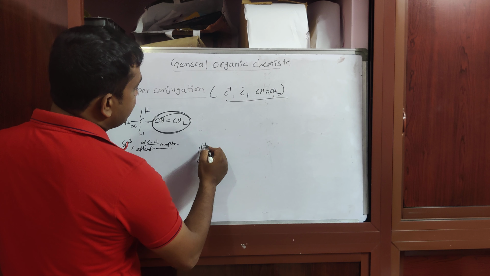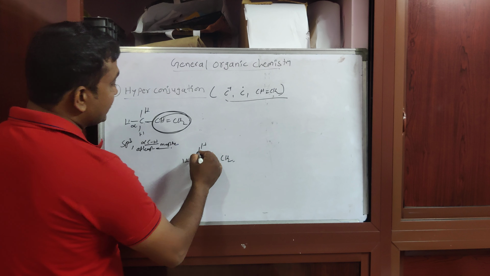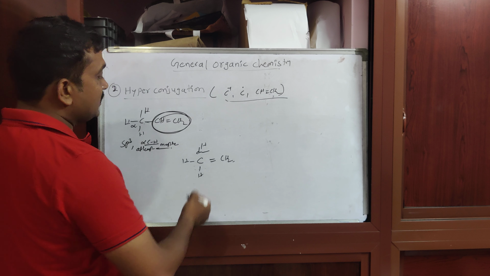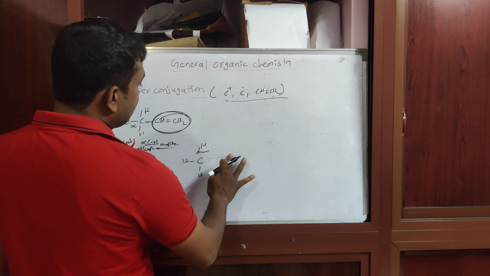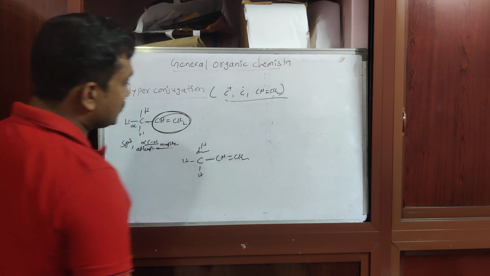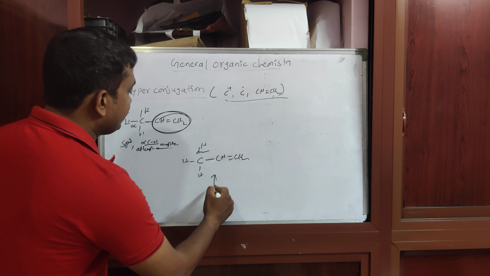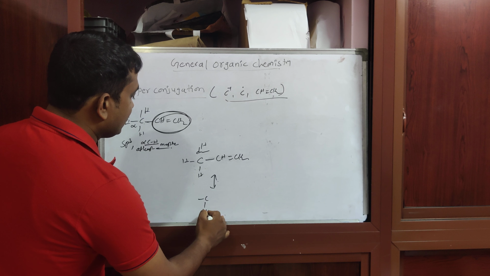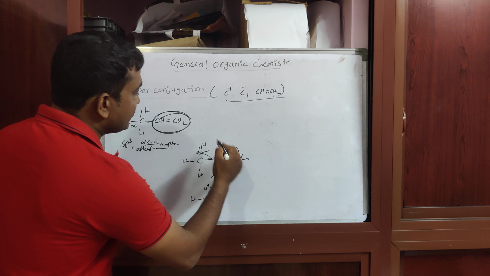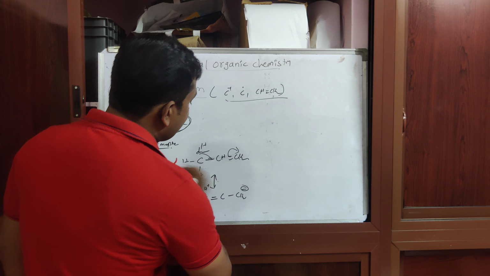Take this one. How does the mechanism go? If you break this bond, what will form? H2C double bond CH2. If you break this one, it will form H plus, this bond shifted to this one, this bond shifted to this one, double bond CH, CH2 minus.